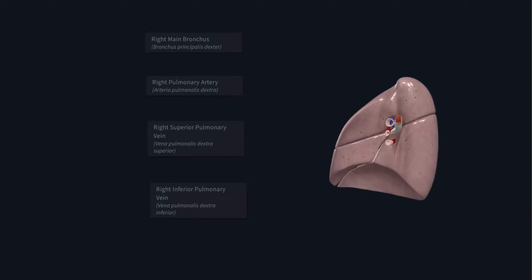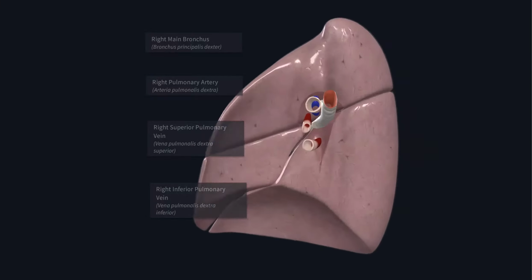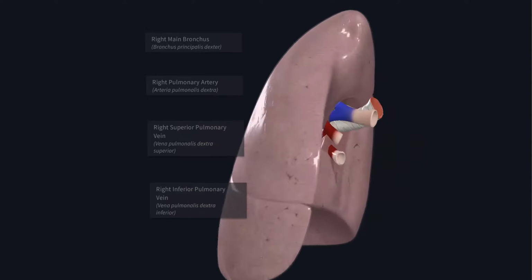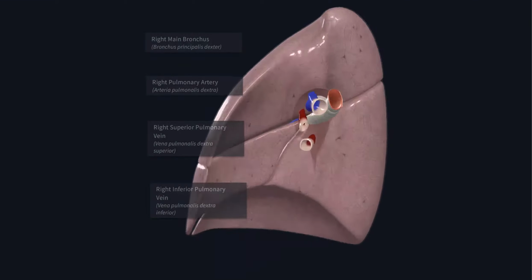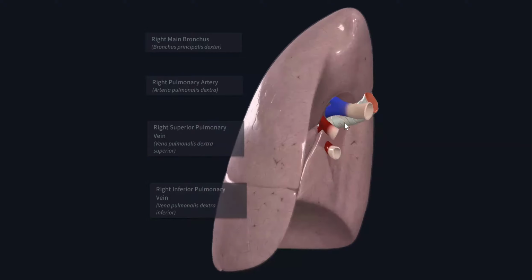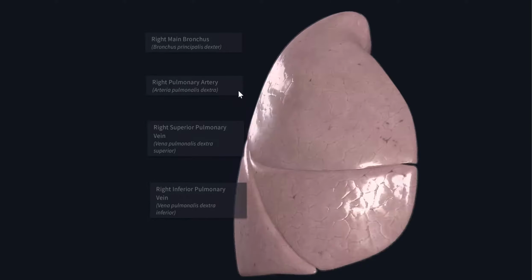If you zoom here with me, you see the relations of the pulmonary artery, which is the blue one, to the bronchus. This is the right lung, because it is composed of a transverse fissure, an oblique fissure, and 3 lobes: middle, upper, and lower.